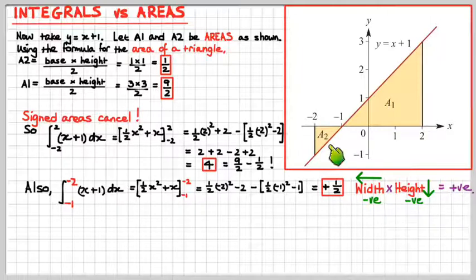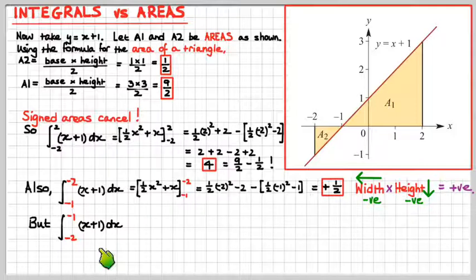But you wouldn't work out the area as being the integral from minus 2 to minus 1 because that would get you a positive width times a negative height, which would get you a negative result, and that would be wrong. You'd have to say it would be minus the integral going from minus 2 to minus 1, and that would get you a minus times a minus, which get you a positive for that area, just the area, right? Are you getting me? You've got to think about this stuff.